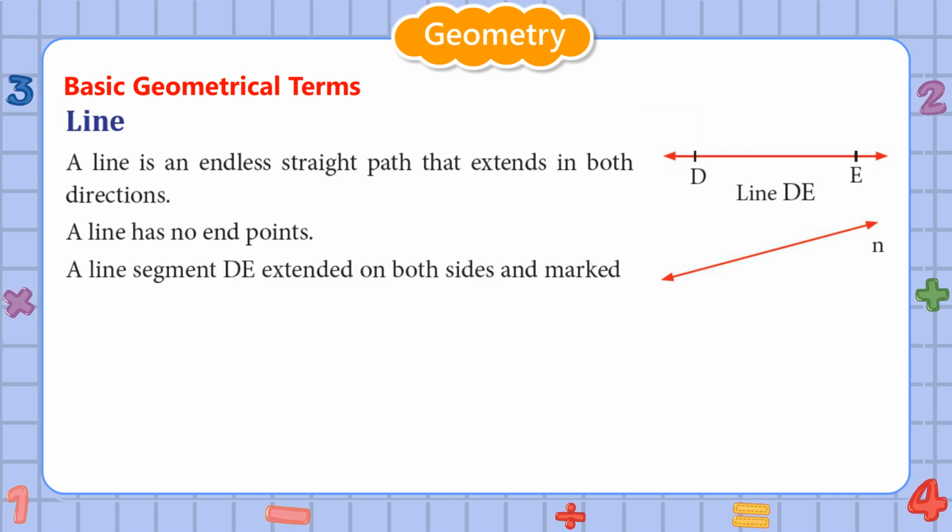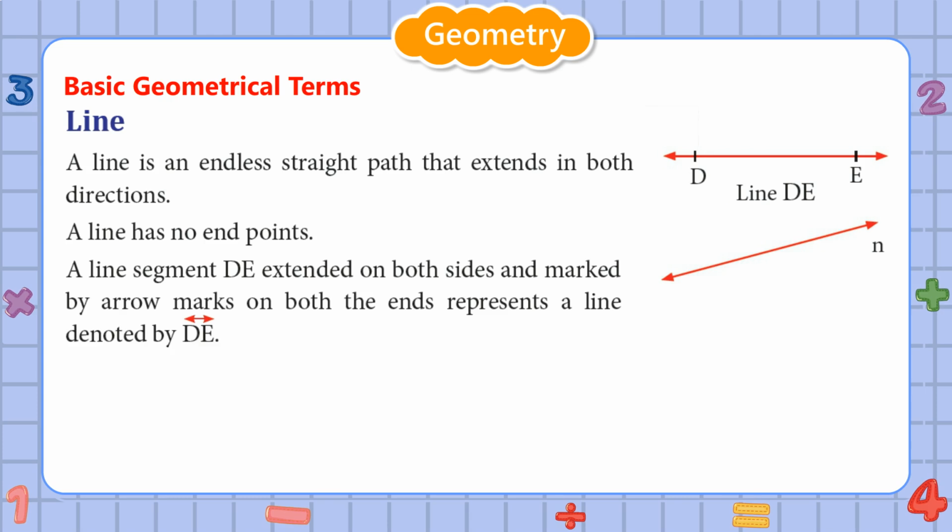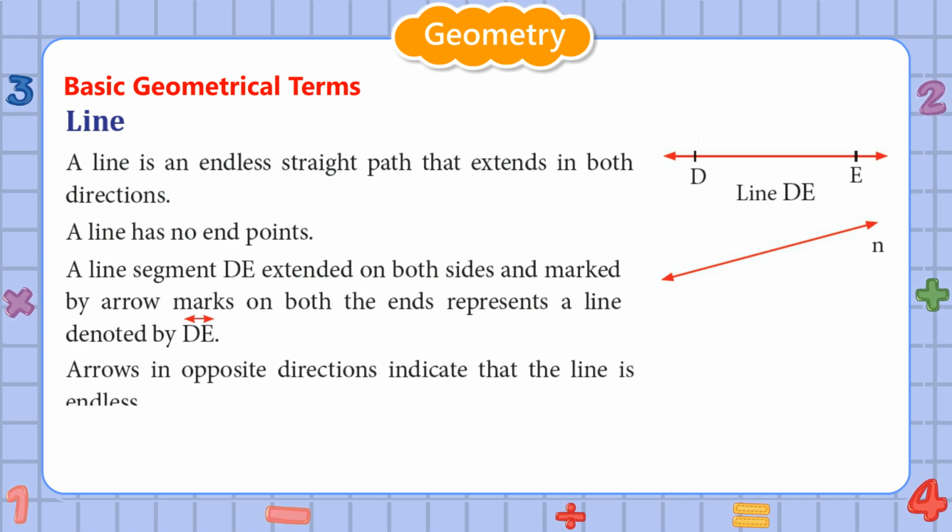A line segment DE extended on both sides and marked by arrow marks on both the ends represents a line, denoted by DE with an arrowhead at each end. Arrows in opposite directions indicate that the line is endless.